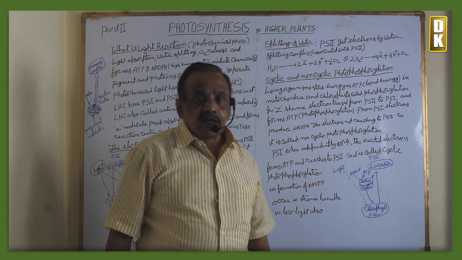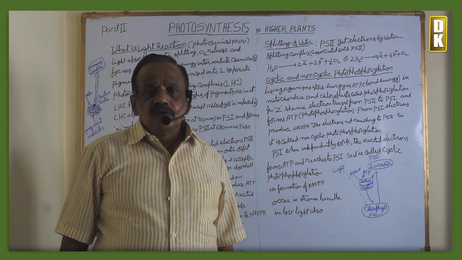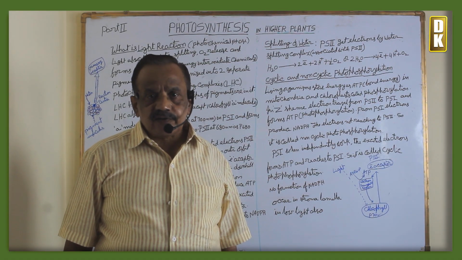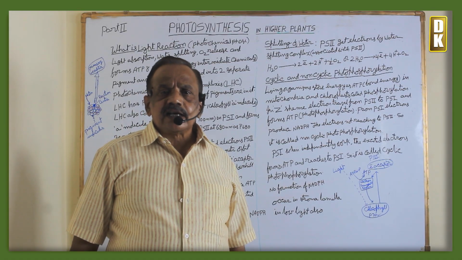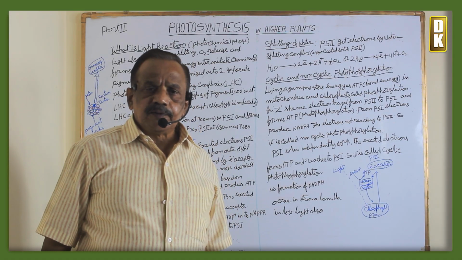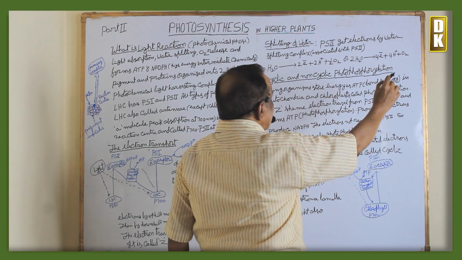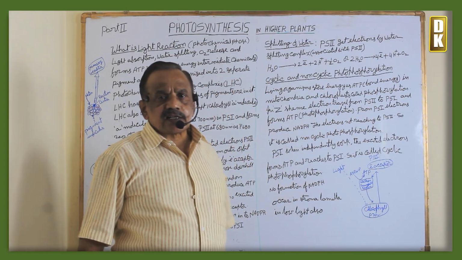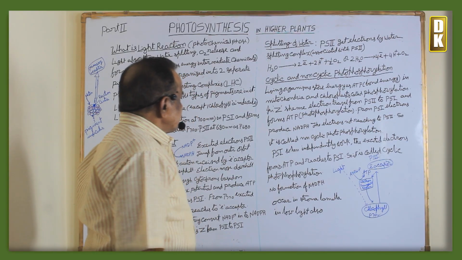ADP, adenosine diphosphate, will become adenosine triphosphate by adding one phosphate to the ADP. Adding of phosphate to the ADP is called phosphorylation.